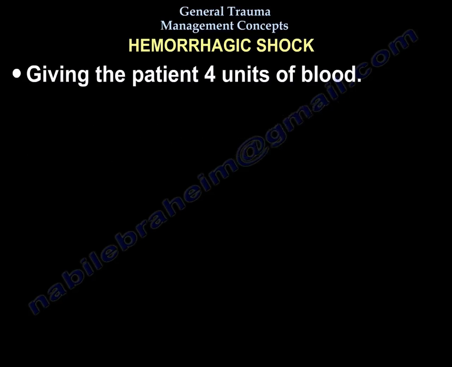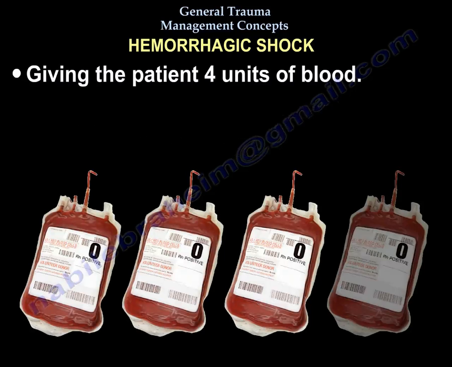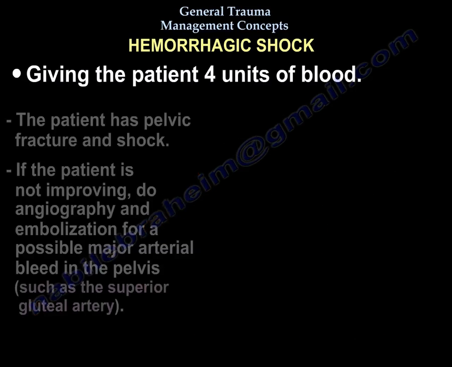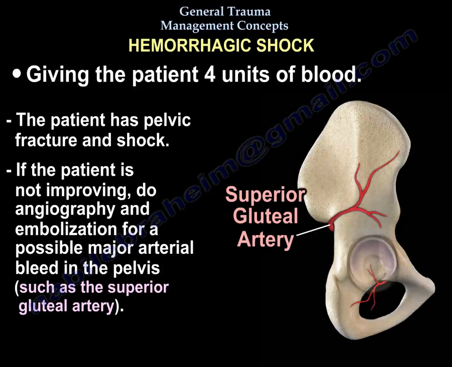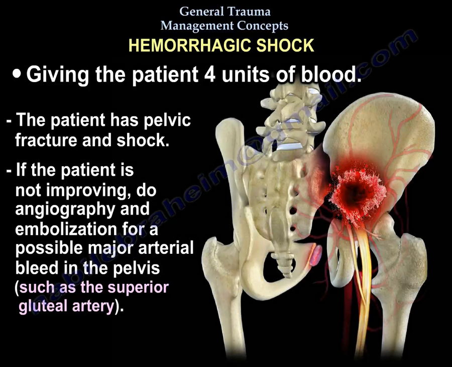Another one, if you give the patient 4 units of blood because the patient has pelvic fracture and shock, and the patient is not improving, then you need to do angiography and embolization for probably a major arterial bleed in the pelvis, like the superior gluteal artery.